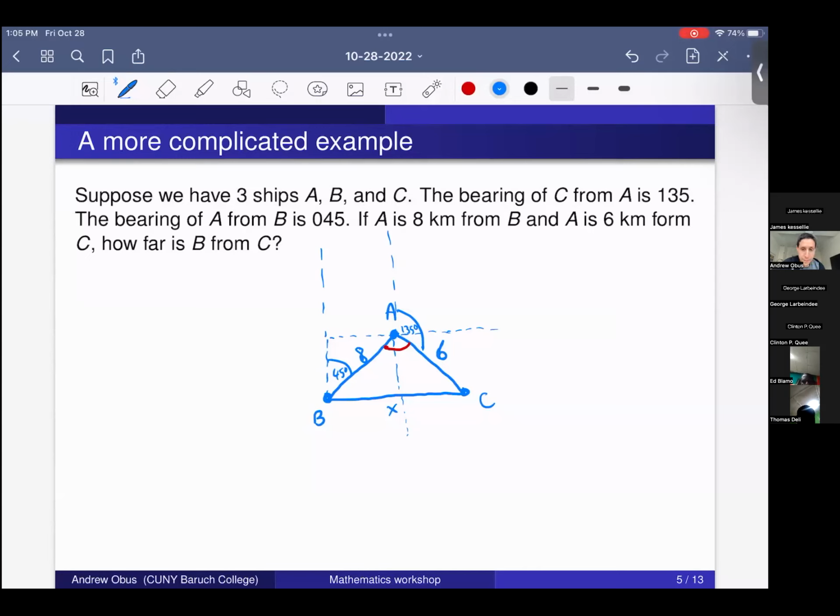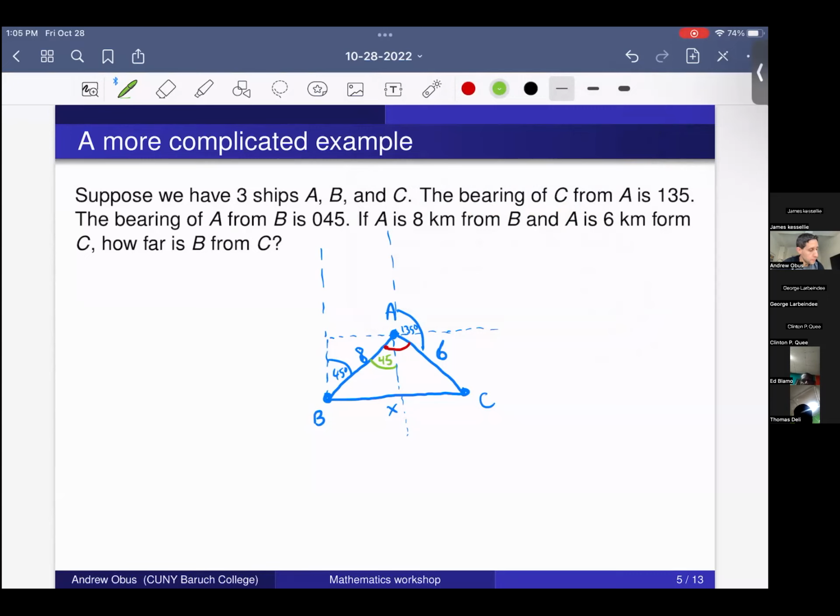The 45 degrees in B will be an alternate angle, so the first side will be 45 already. Oh, okay, I see what you're saying. So for the alternating angles, this angle here is 45.